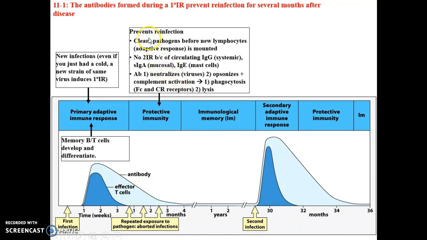So this primary immune response prevents reinfection. It clears the pathogens before the adaptive response is mounted. So you don't have a second increase right here in your effector T cells or antibodies because they actually still are working.